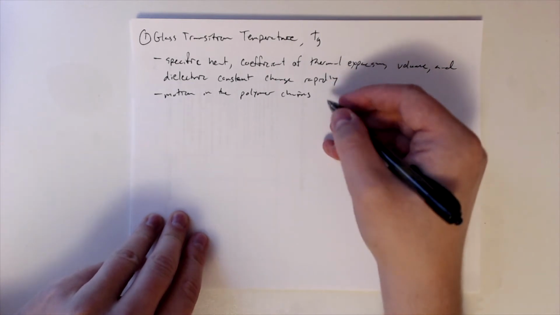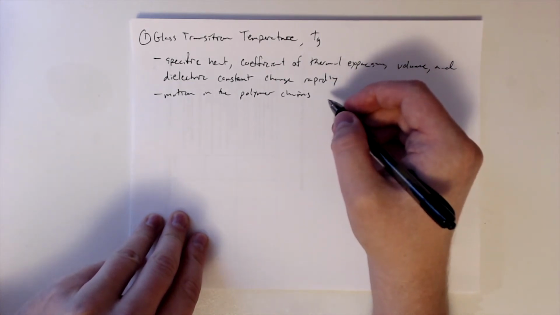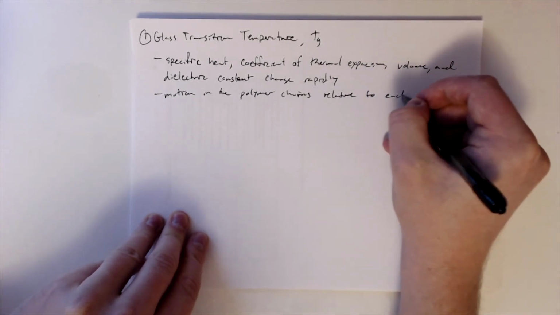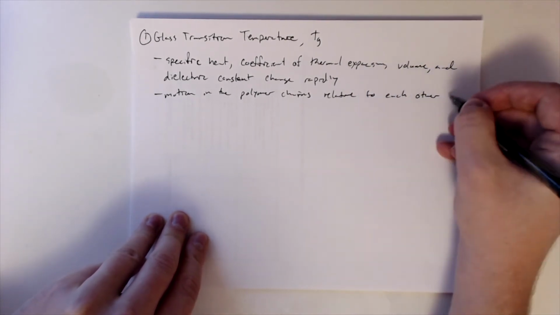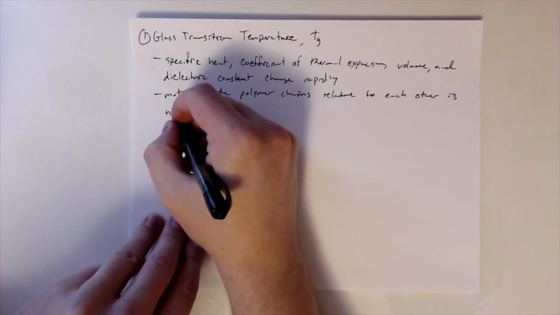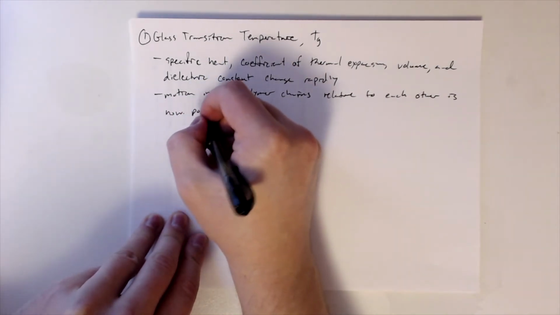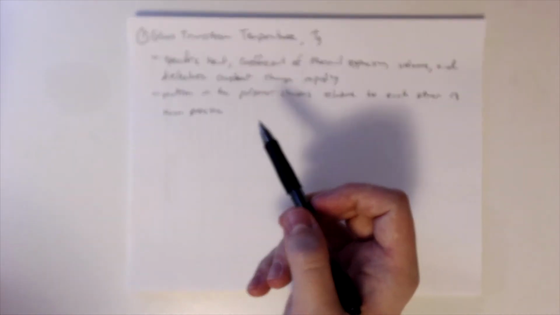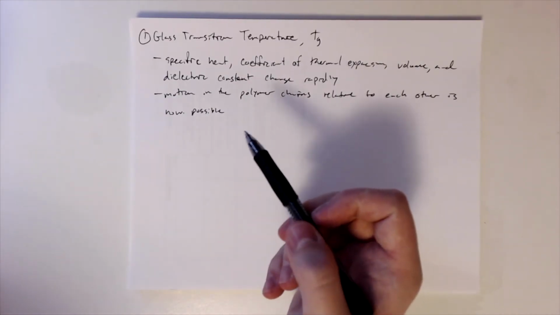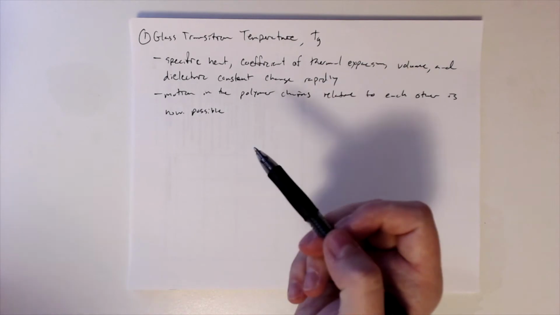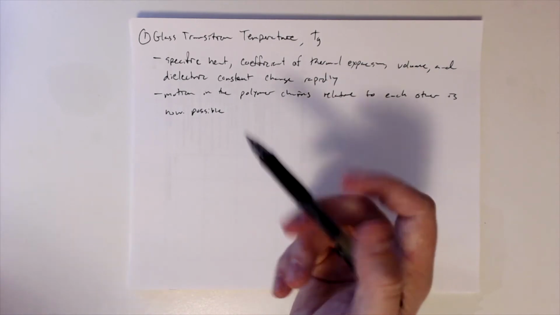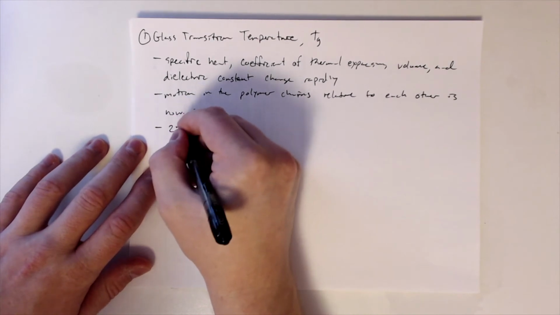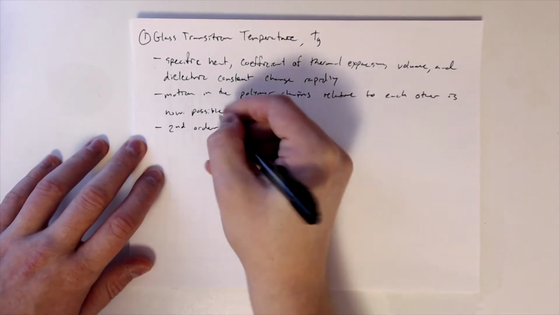So effectively, motion of polymer chains relative to each other is now possible. This is basically the temperature at which the motion of chains relative to one another can become possible. And this type of transition is a second order transition.